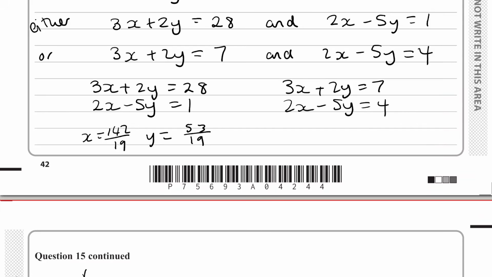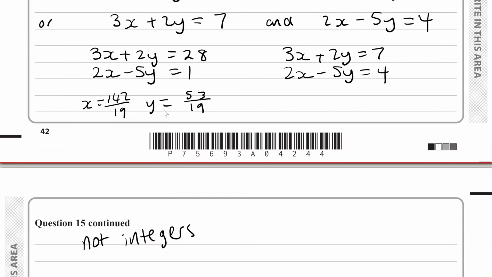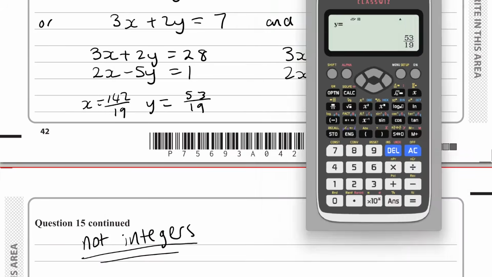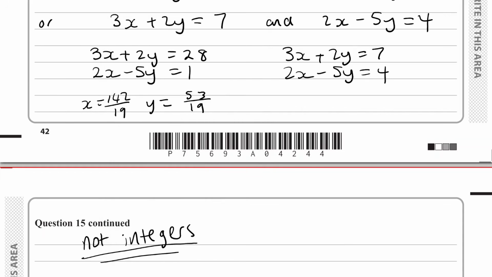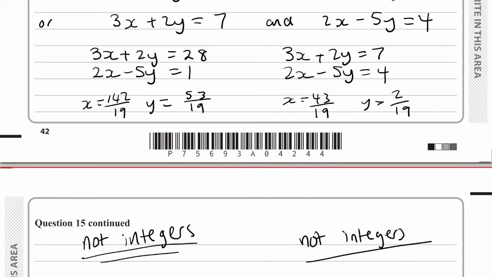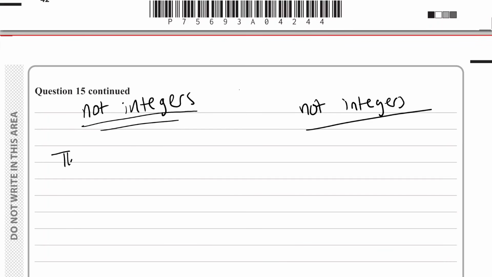And of course they are not integers. And the same for the second one. 3x plus 2y is 7, 2x minus 5y is 4. 43 over 19 and 2 over 19. And again, they are not integers. So there is a contradiction.